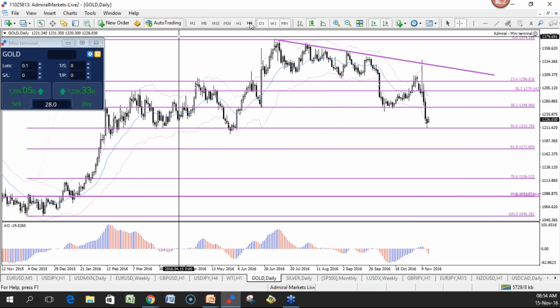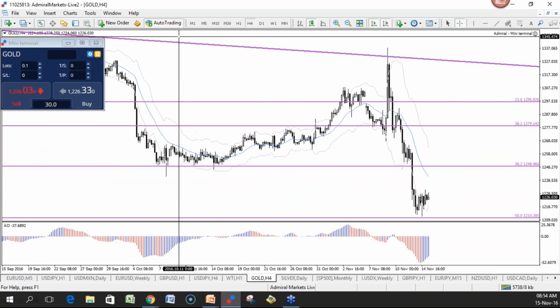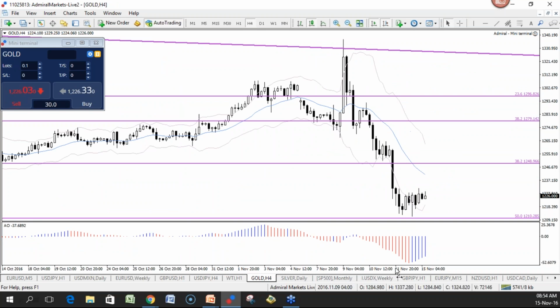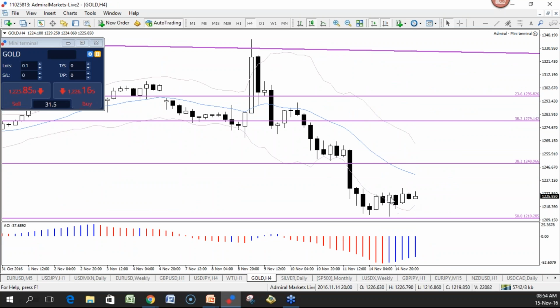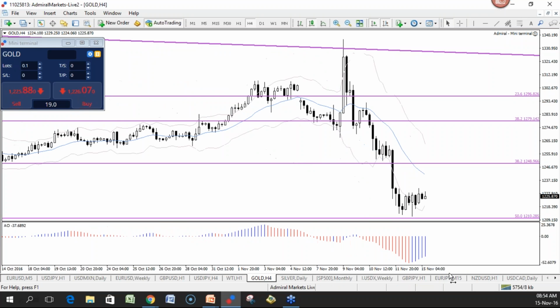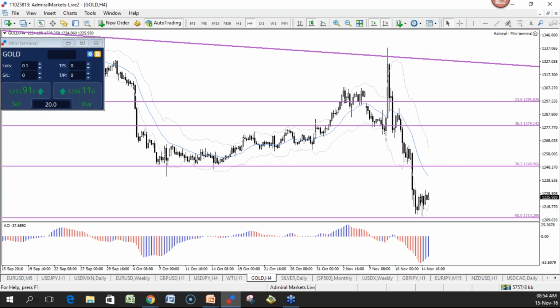Anyhow, back to more reality-based here on a 4-hour chart, and when does it bounce? So a more aggressive fib trader would probably be looking right at the 50 fib, right? Maybe a long-term trader could be looking for that level.